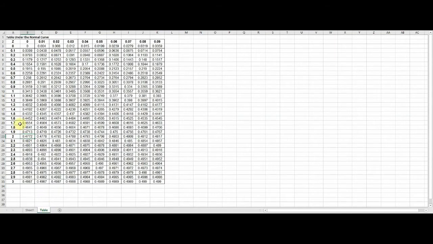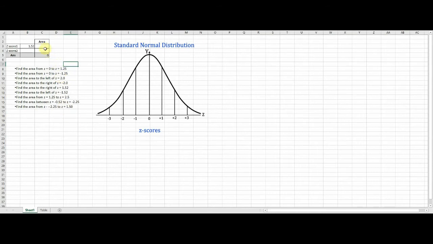(1.52), 1.5, and here 1.52. Now, the actual area from 0 to 1.52 is 0.4357. Since we're talking here of going to the right side from this point, we have to subtract by 0.5.